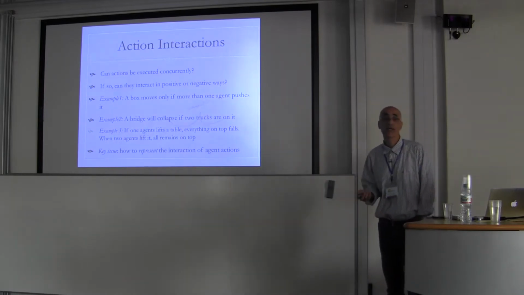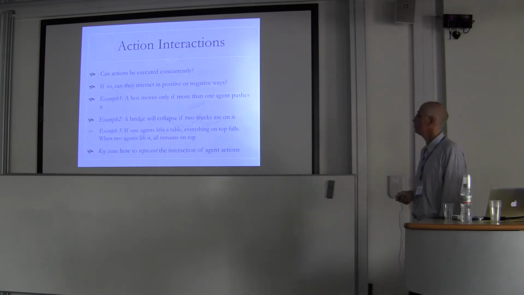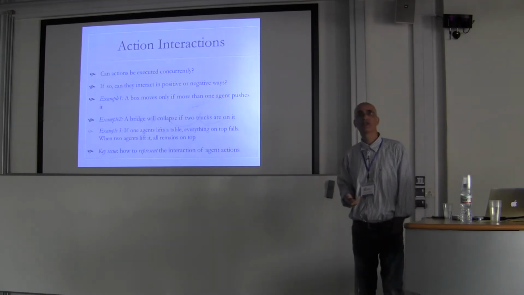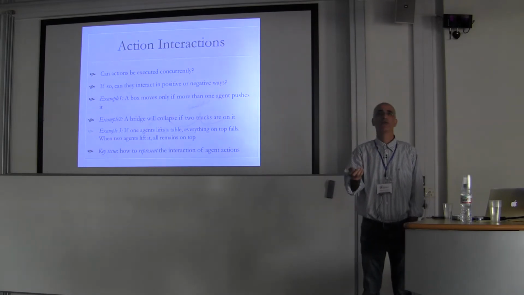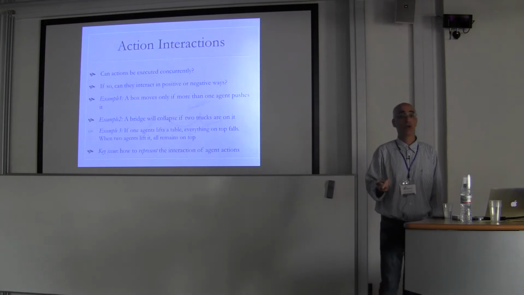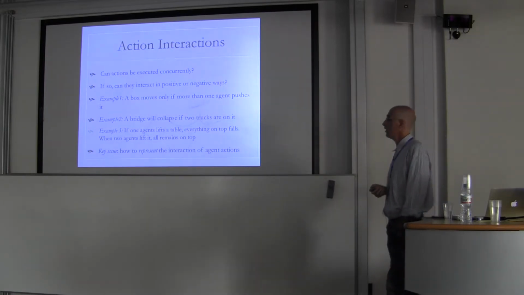So that's a case where we have a positive interaction when two agents are pushing the box. Or perhaps a bridge is too sensitive for two trucks to cross it at the same time. So we should only allow a single truck at a time. And that's a potential negative interaction.